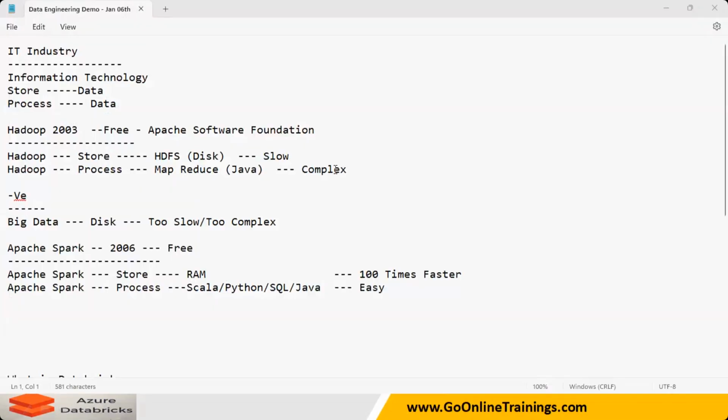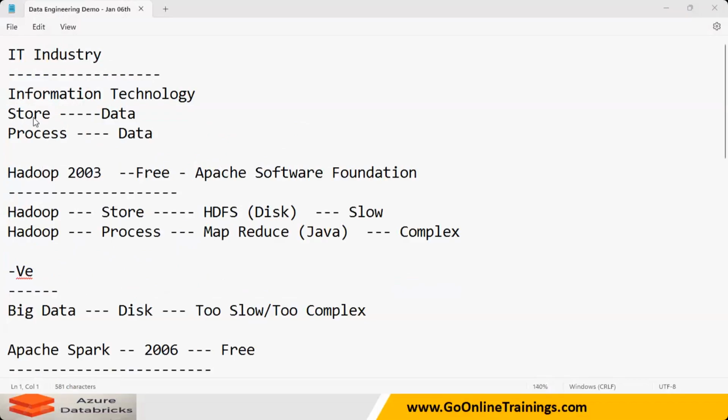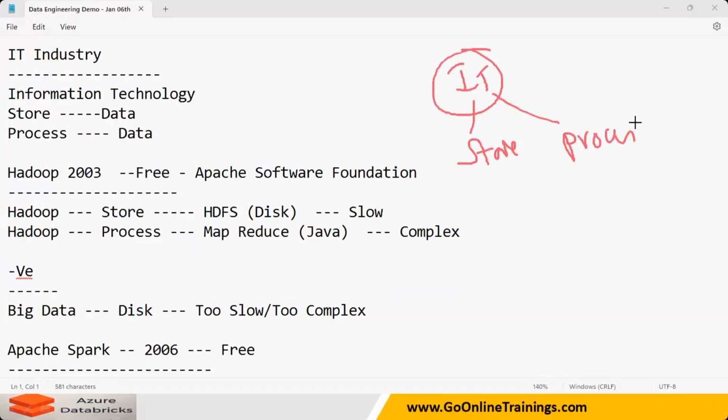Yesterday, I was talking about how the IT industry is going to be doing only two things. IT industry is always going to store your data. That is one thing we need to understand. And the IT industry is going to be processing your data, or computing your data.